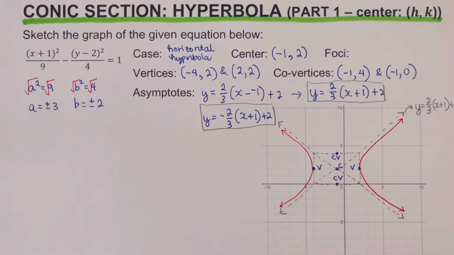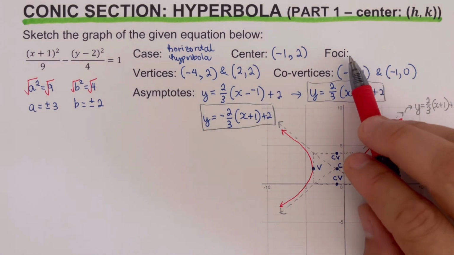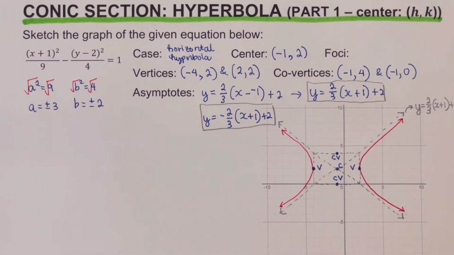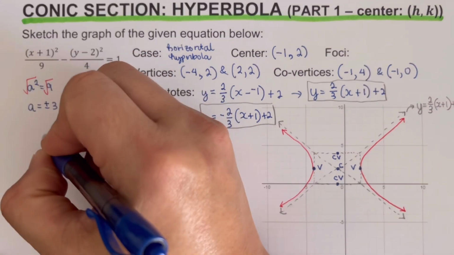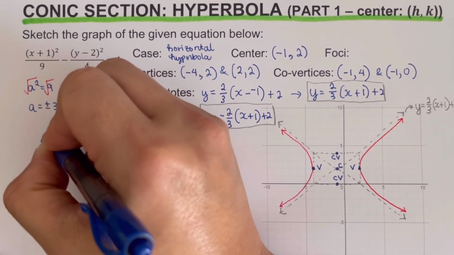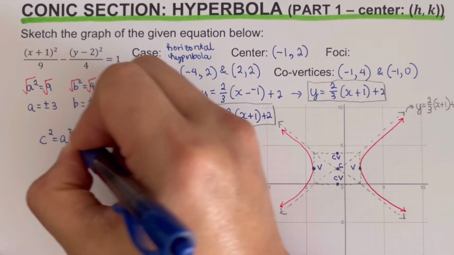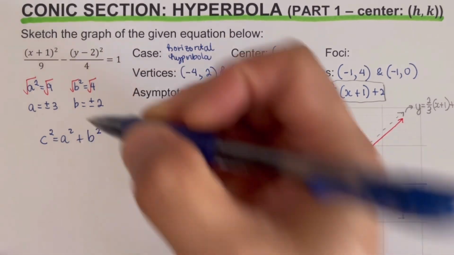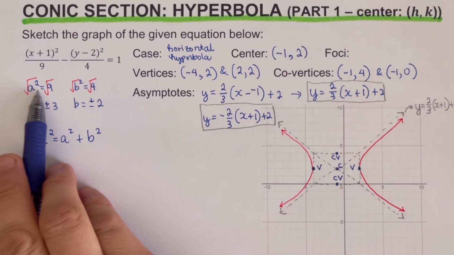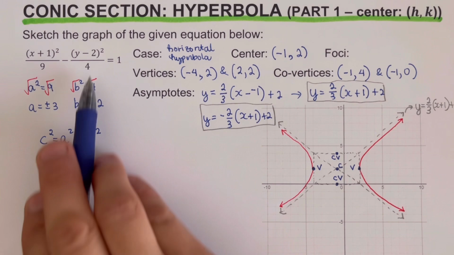Now, our next step is to determine the two foci. To determine the location of the two foci, we need to determine the value for c. The formula to determine c is c squared equals a squared plus b squared. So we already have a squared right there, which is equal to 9, and b squared, which is equal to 4.